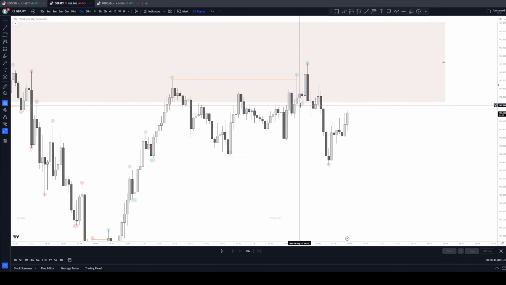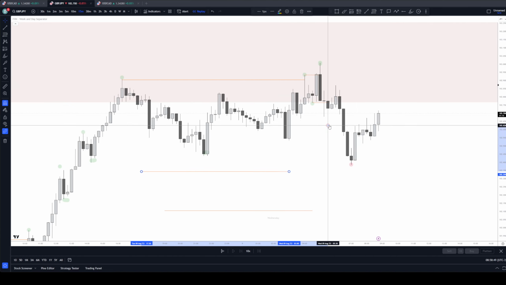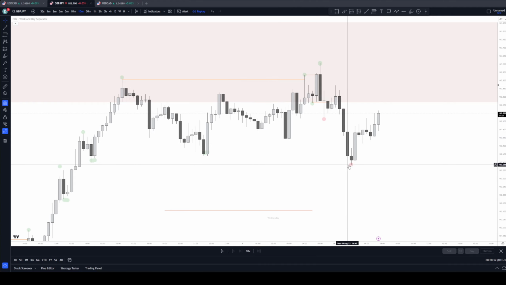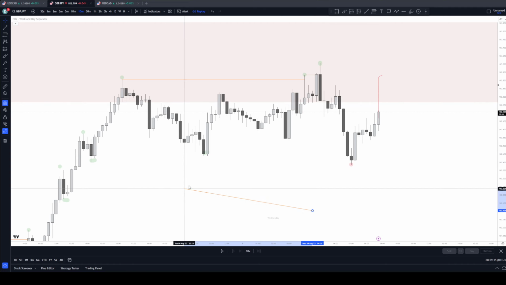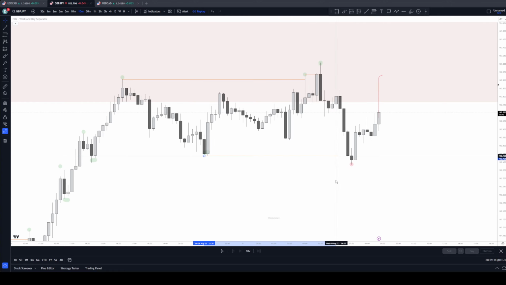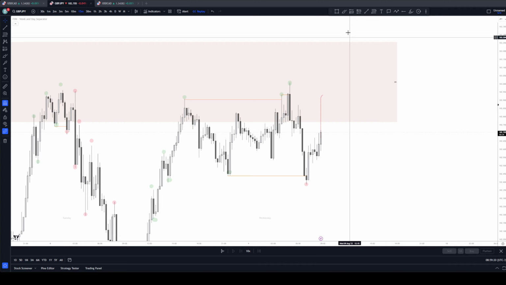Where the debate lies here is if you look at it this way and you say this was my offer, then technically your order flow looks like this now and is intact from here. So if we come up into here, you would be looking at sells as being counter order flow above this high because this would be a break back to the upside, an order flow shift. Whereas if you took it the other way, and your offer was here, then where is your order flow intact from?